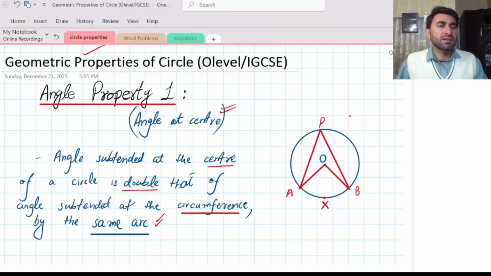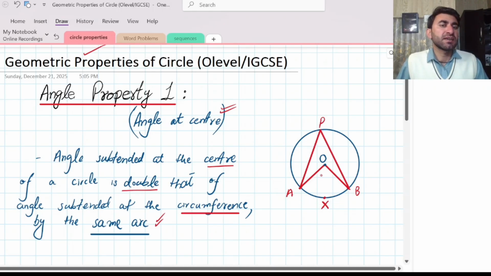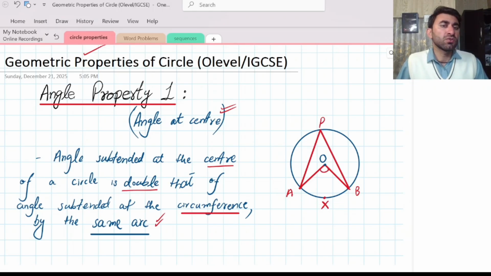So here we have a circle in the diagram with center O, and here we have taken an arc AXB. So we can see that this arc is subtending some angle at the center O, as well as it subtends some angle at the circumference at point P. So according to this property, that angle at the center will be double that of angle at the circumference.